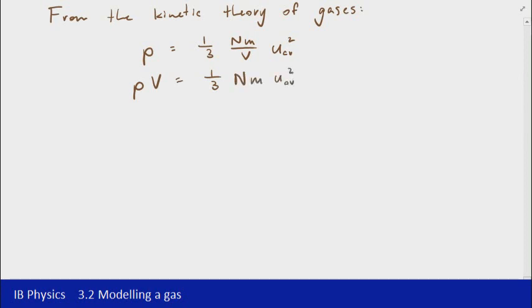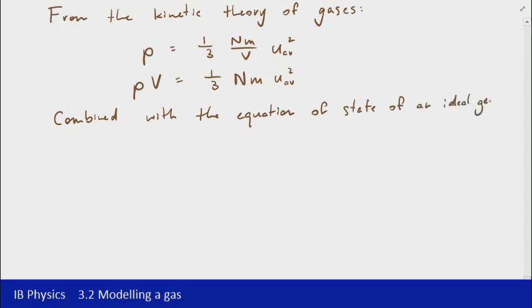If we combine that with the equation of state for an ideal gas, just a reminder, the equation of state being PV equals nRT, we've got that left-hand term PV being the same, so we can equate the right-hand sides.